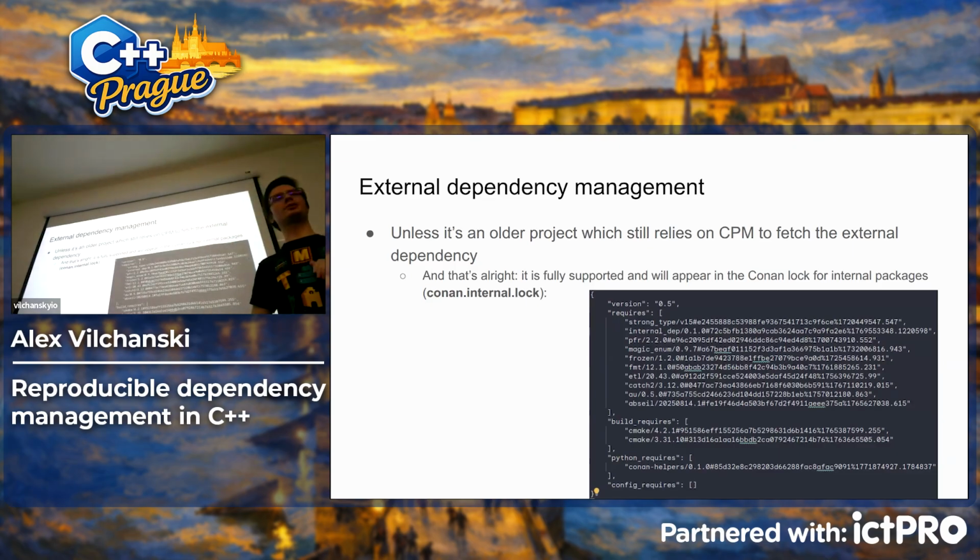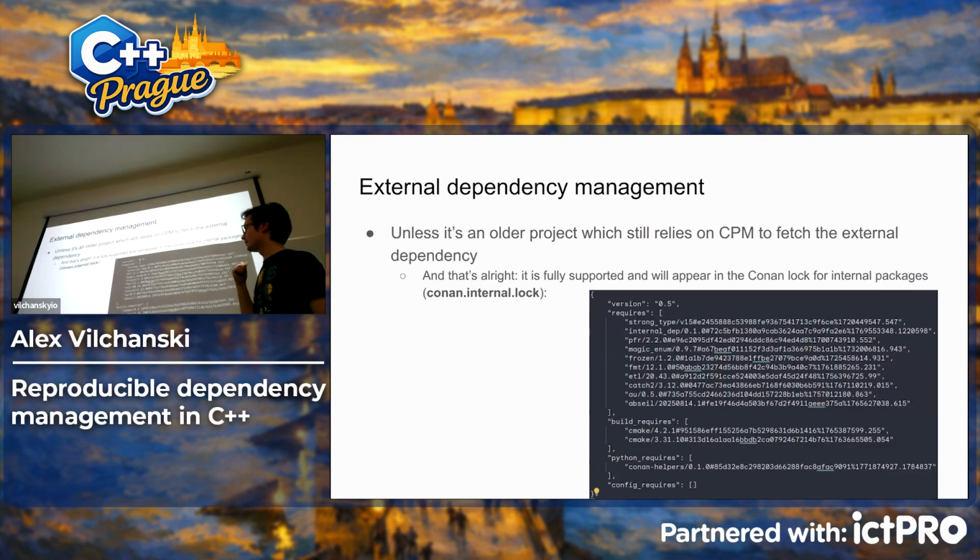Okay. Yeah, I think I should spend a few minutes on explaining what you actually see with this Conan lock file. So Conan has a few kinds of dependencies, as far as I understood. There are build requires, which are not needed at the point where you build your application, but they are needed to build one of these dependencies. I don't know which one, because that's a flattened Conan file.